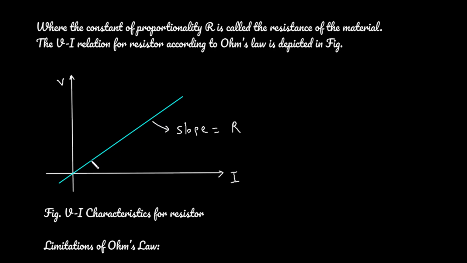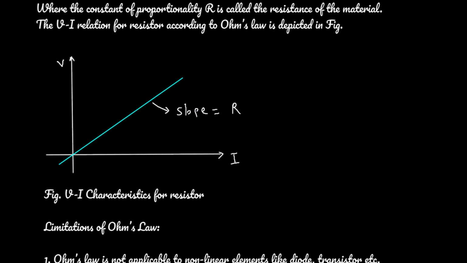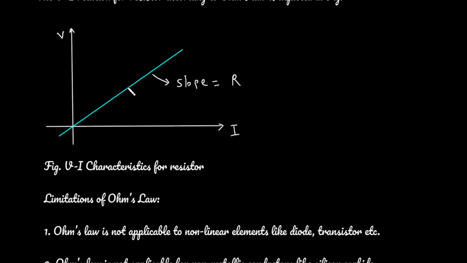As we increase the voltage, the current is also increasing and we get a slope. Since the resistor is a linear component, it gives a linear characteristic. That's why it is a linear component. So this is the VI characteristic for a resistor. This slope is equal to resistance.